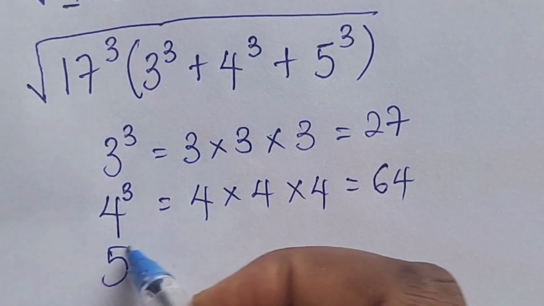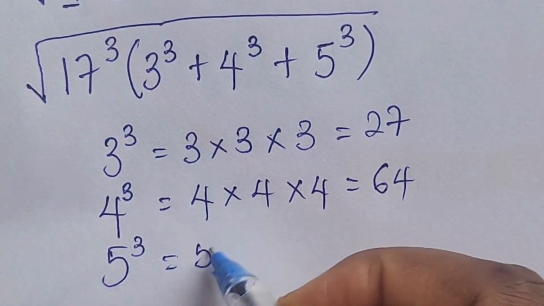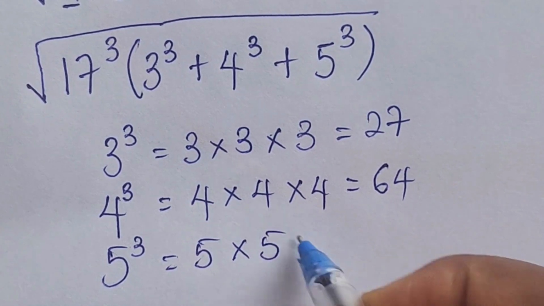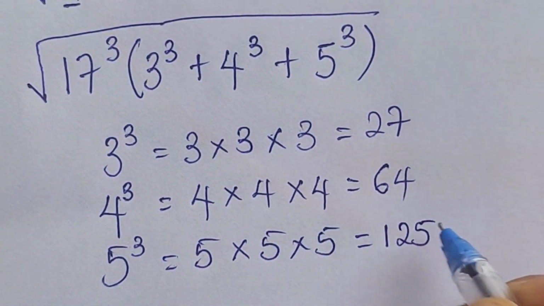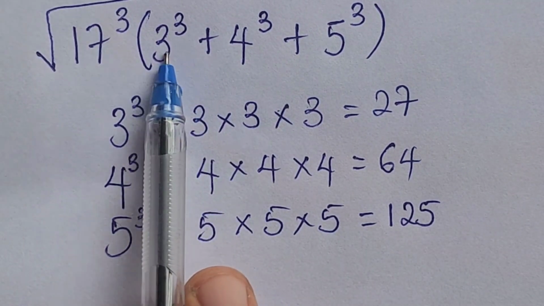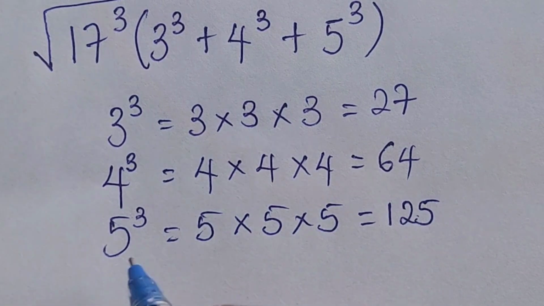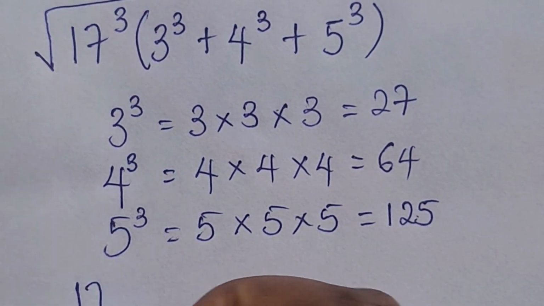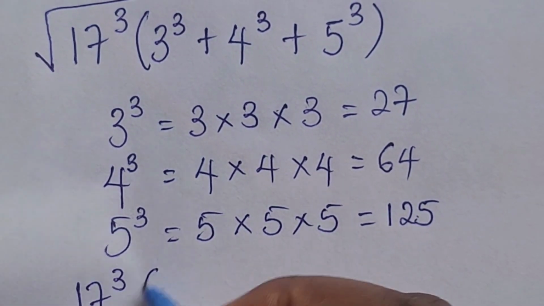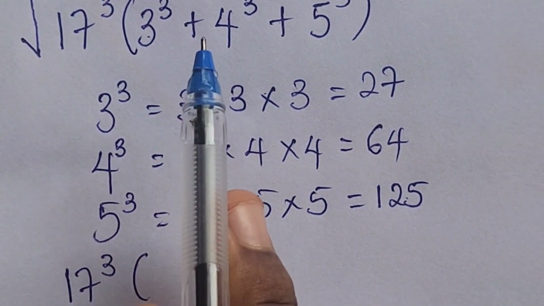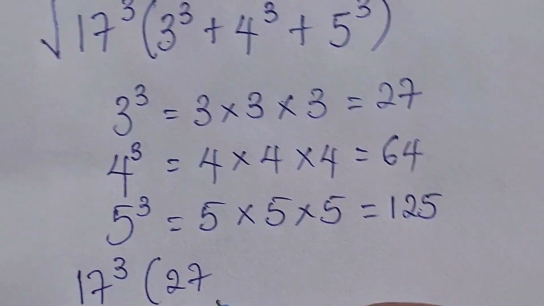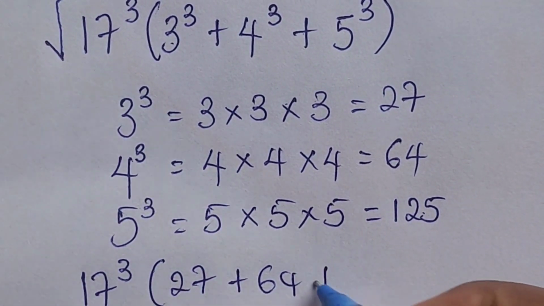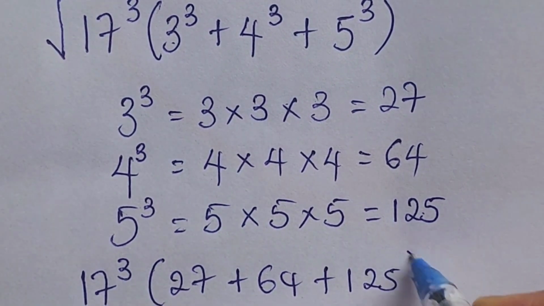And we have 5 to the power of 3 to be equal to 5 times 5 times 5, which is equal to 125. So we'll be replacing this index with these numbers to have 17 to the power of 3 times our 3 to the power of 3 becomes 27 plus 64 plus 125.